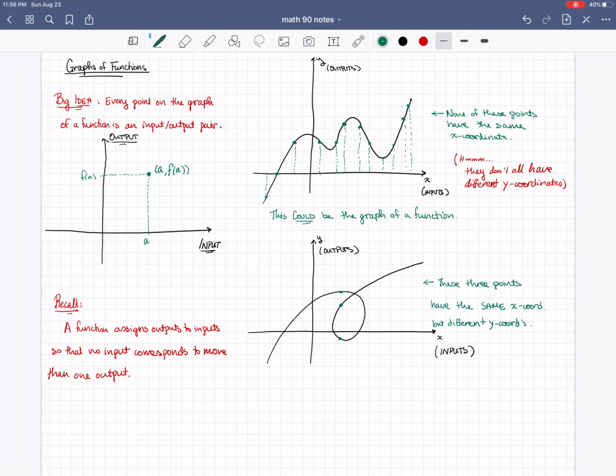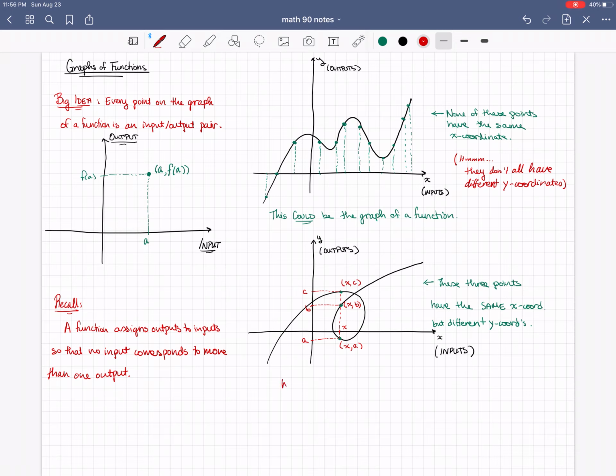Okay, so if we wanted, we could say, let's say that this is A on the y-axis, let's say that this is B on the y-axis, and let's say that this is C. So if we call the x-coordinate something else, let's just call it x to give it a name, the coordinates of these 3 points would be x comma C, x comma B, and x comma A. So we have 3 different outputs, A, B, and C, that all came from the same input.